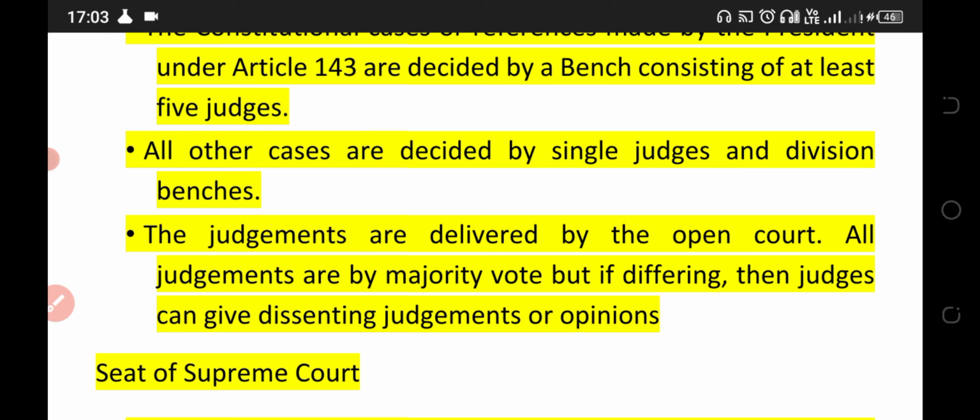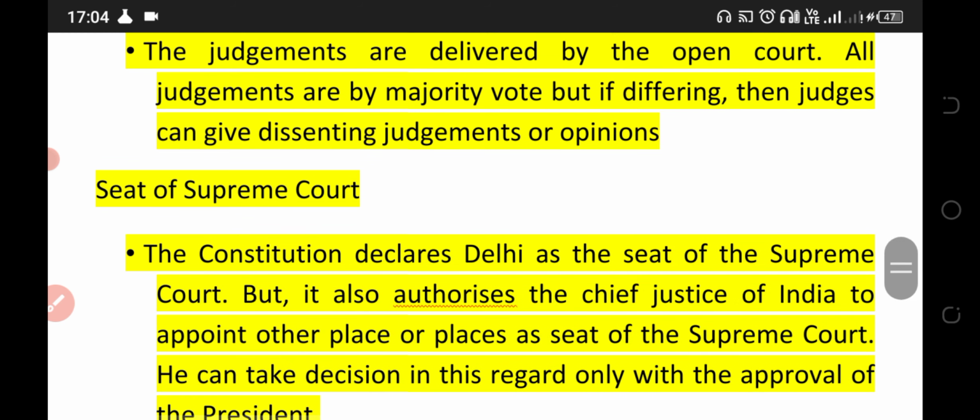All other cases are decided by single judges and division benches. The judgments are delivered in open court. All judgments are by majority vote, but if differing, then judges can dissent from the judgment or opinion.